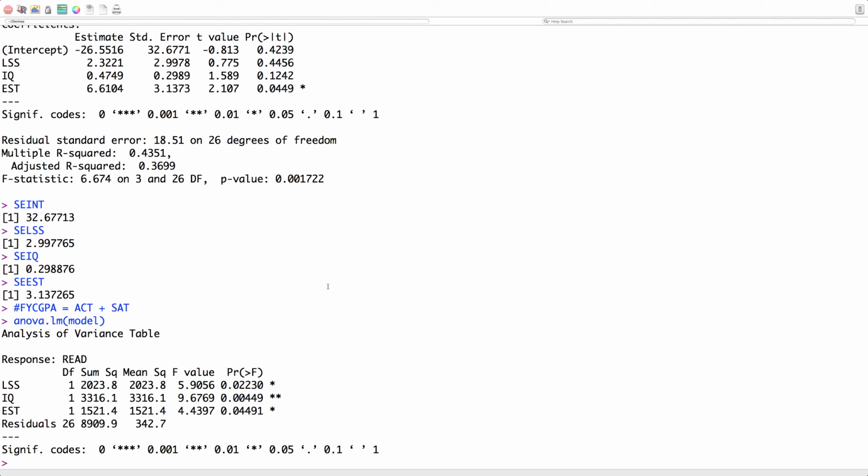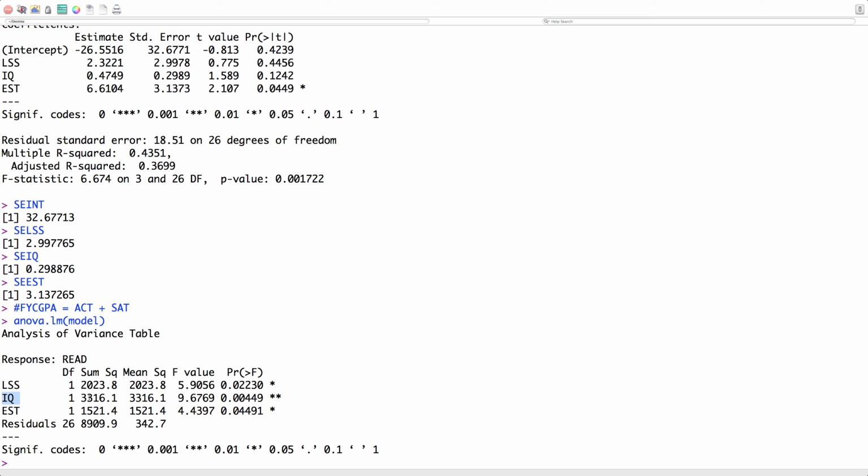All right, gang, here's what happens. This breaks down the sum of squares in partitions. This looks at kind of a hierarchical modeling, in a sense. This sets out, first of all, and looks at the sum of squares for LSS. This p-value out here talks about that sum of squares being statistically significant.